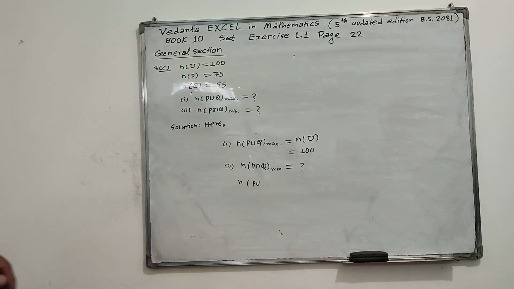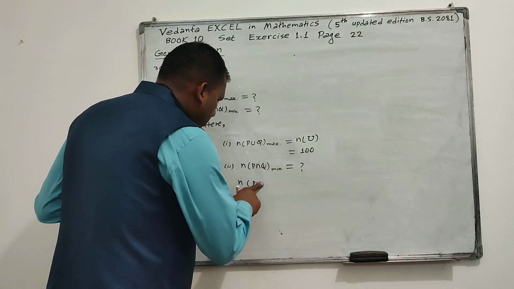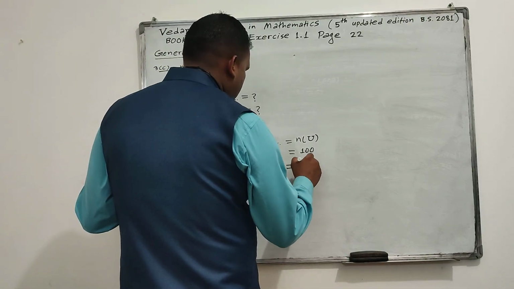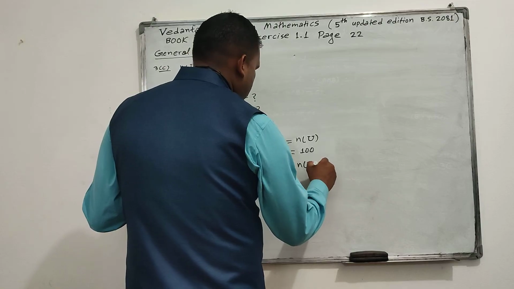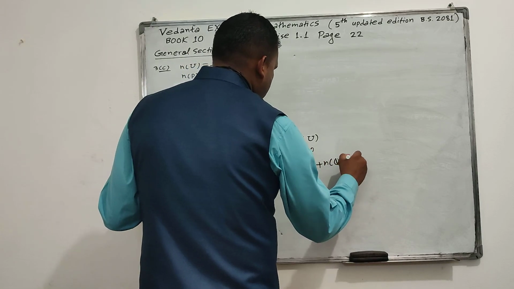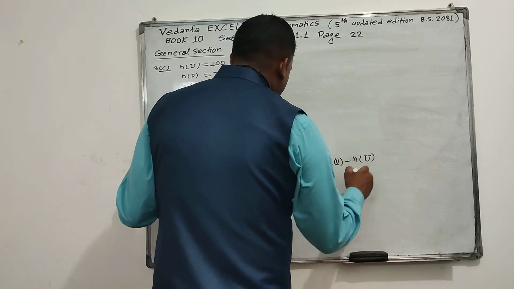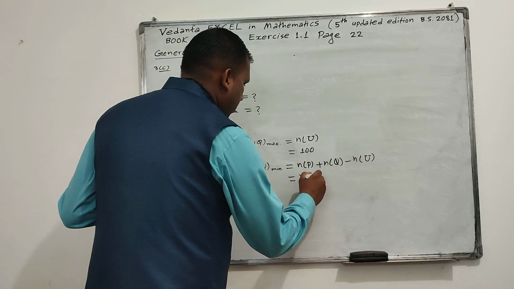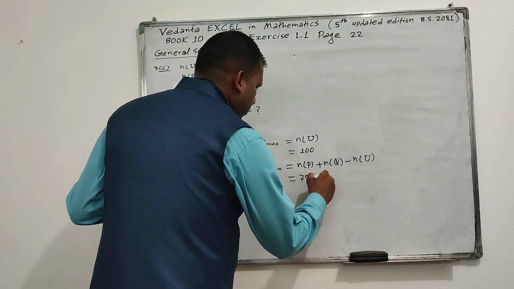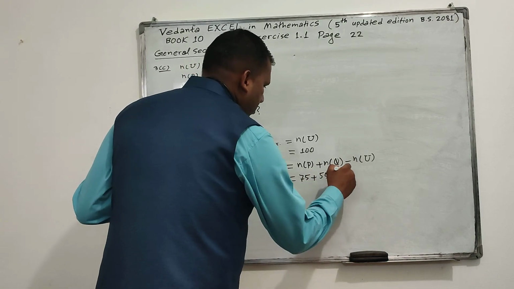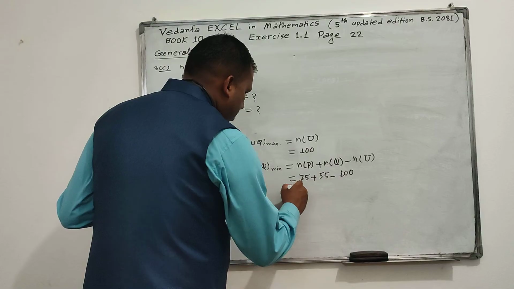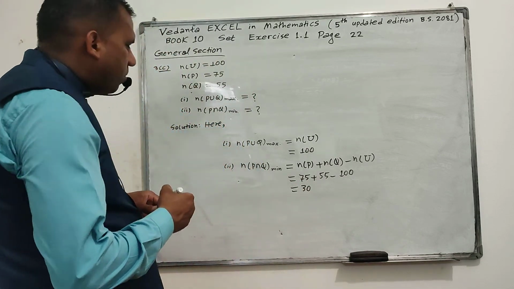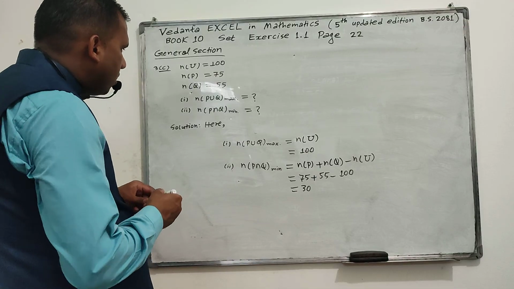Now number of P intersection Q minimum equals number of P plus number of Q minus number of U, which is 75 plus 55 minus 100, that equals 30. So the minimum value of number of P intersection Q is 30.